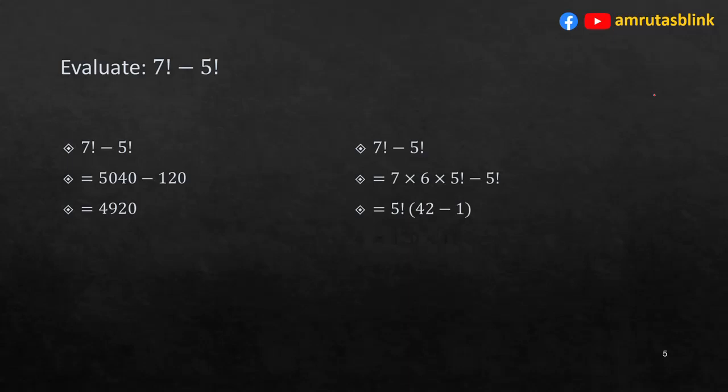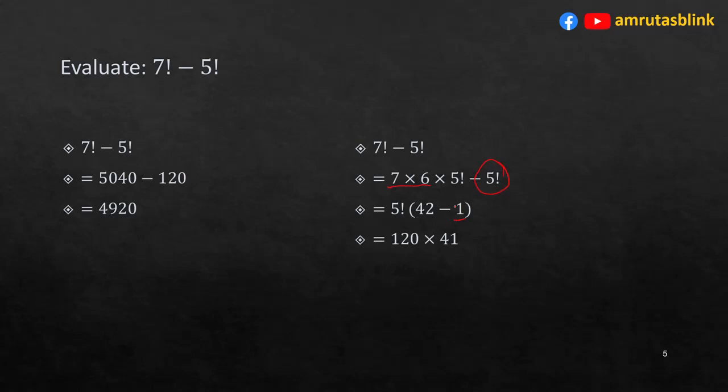So in the bracket we will be having 7 into 6, that is 42, and as we have taken 5 factorial out common outside the bracket, then 5 factorial divided by 5 factorial is 1. So the number remaining is 5 factorial into 42 minus 1, that is 5 factorial into 41.